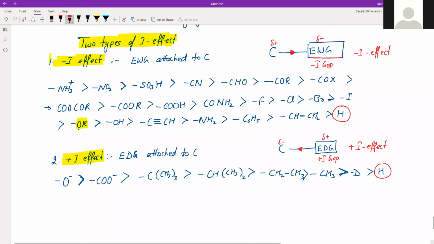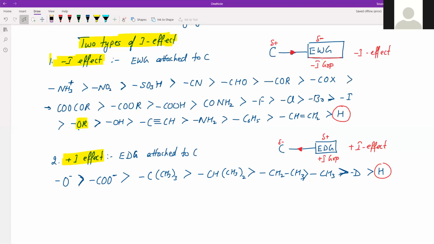The order of inductive effect is very much important in organic chemistry, obviously, because all organic compounds are covalently bonded and mostly carbon is connected with more or less electronegative atoms to form different functional groups. So in nearly all molecules, inductive effect will operate.